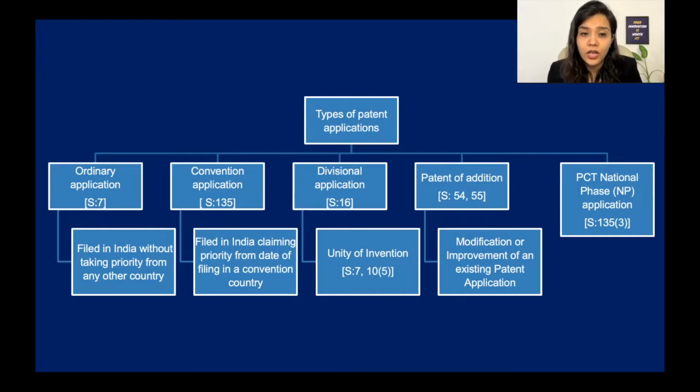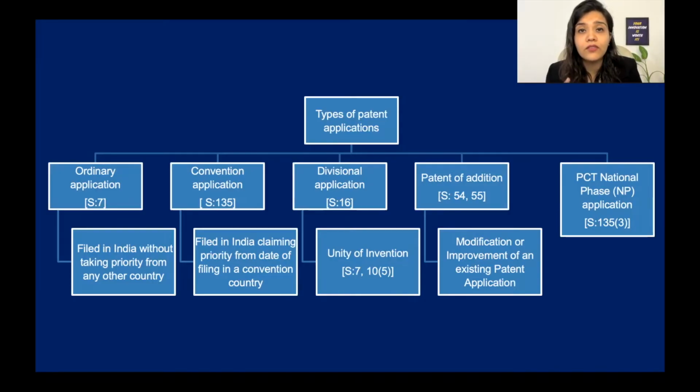Then we have the convention application. It is an application filed in India claiming priority from the date of filing in any other convention country. There is a treaty called the Paris Convention, which has a number of countries as part of that treaty. Whenever I file an application in any country which is part of the Paris Convention, I can claim the same priority date and file an application in India.